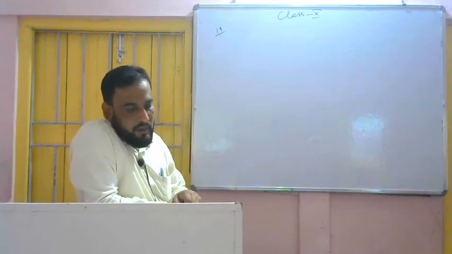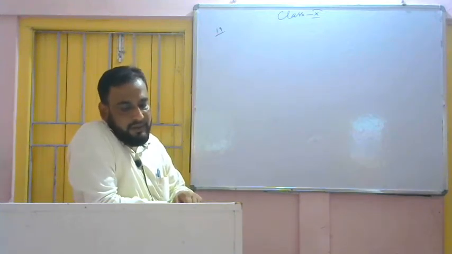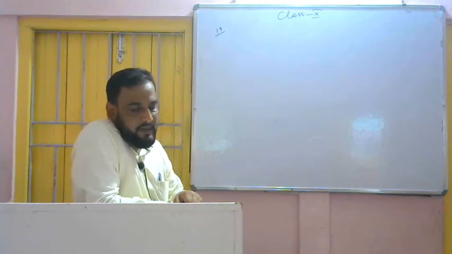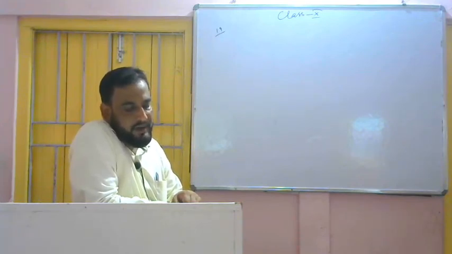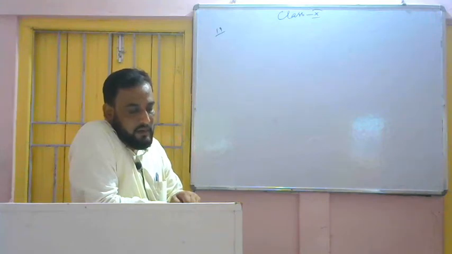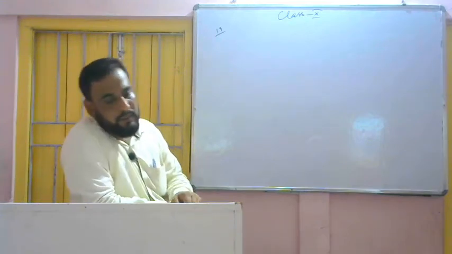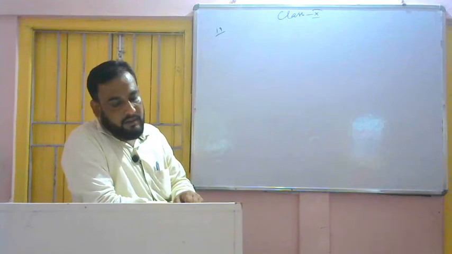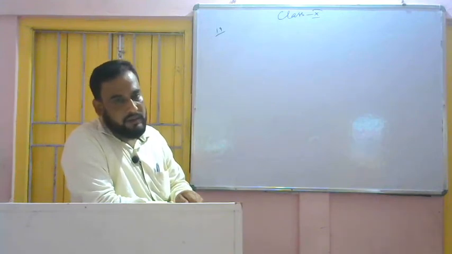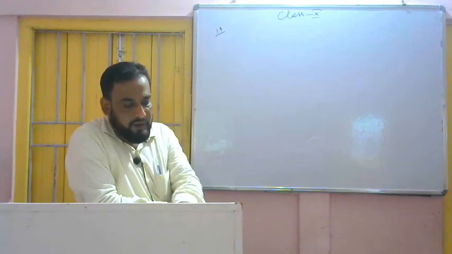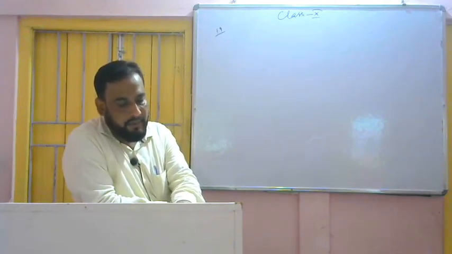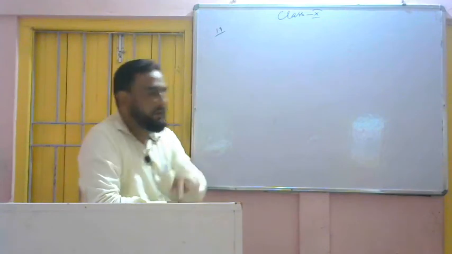Chandra started work in 1995 at an annual salary of rupees 5,000 and receives an increment of rupees 200 each year. In which year did his income reach rupees 7,000? He started a job in 1995 with a salary of rupees 5,000.